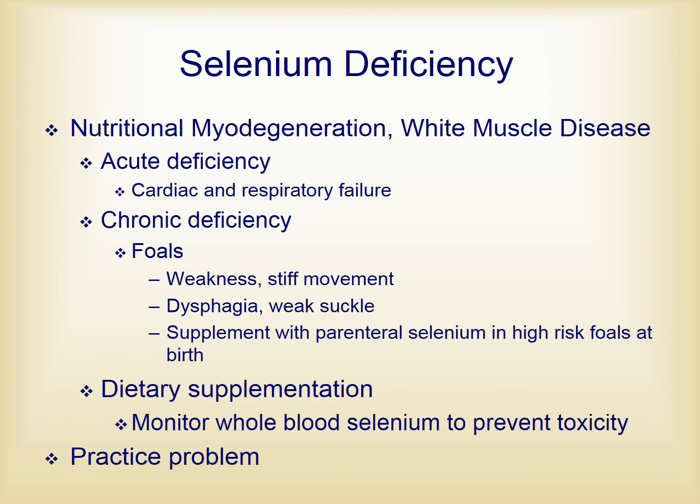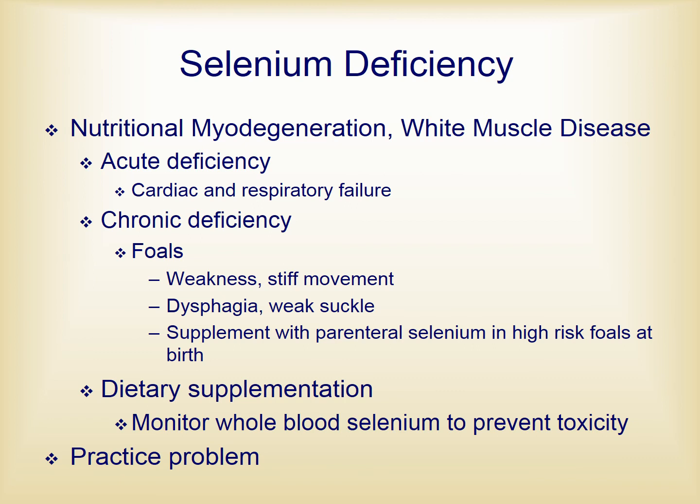In addition to toxicity, selenium deficiency can also be a problem with horses. Selenium deficiency presents as nutritional myodegeneration or white muscle disease. Just like with toxicity, selenium deficiency has two components, one being acute deficiency, where animals die of cardiac and respiratory failure, or chronic deficiency. Chronic deficiency can be seen in foals, where they present with weakness or stiff movement.